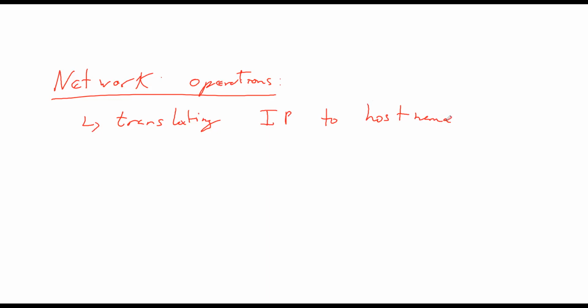The second one is determining the route to follow to a desired remote destination. And that's basically what DNS does, and you guys know that.